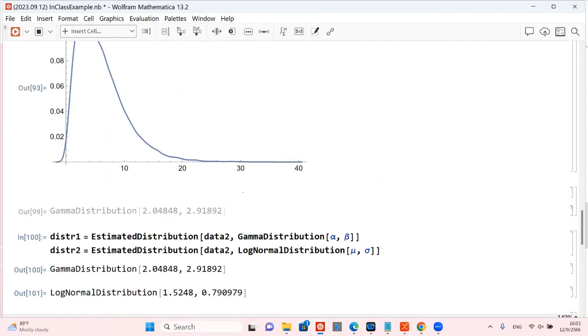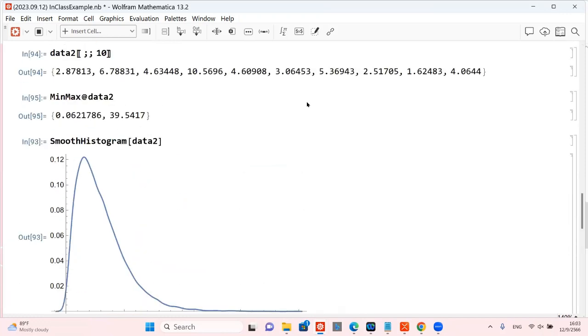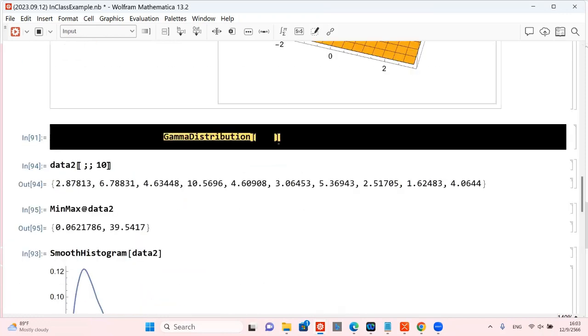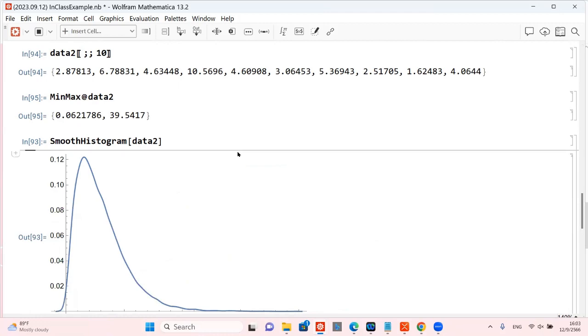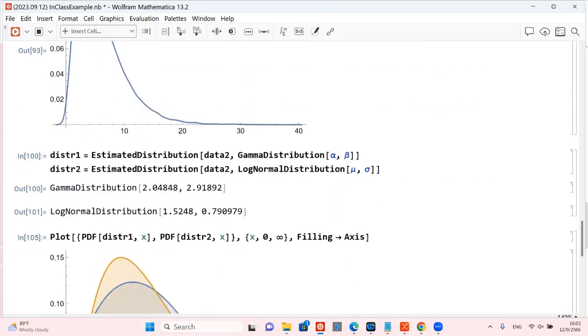Because I am the creator of this data set, I know what I did. I'll just show you here. It's a gamma distribution with parameters 2 and 3. So actually, when I estimate the data, I got 2.04 and 2.9.